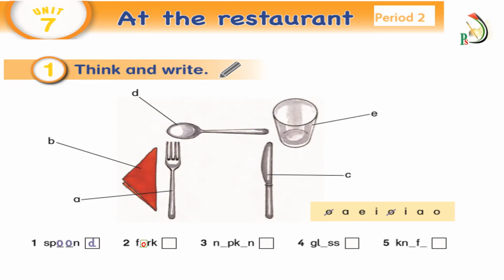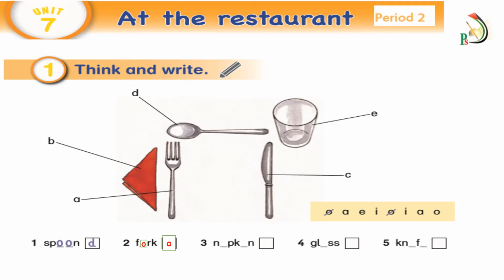We have fork. Number 2, fork. Now fork, which picture? Write your answer down in the box. Check your answer. This is picture A. Excellent.